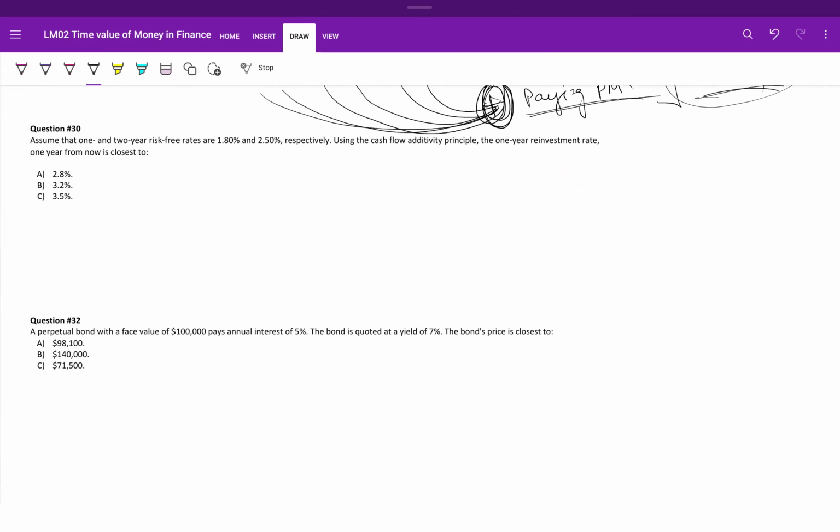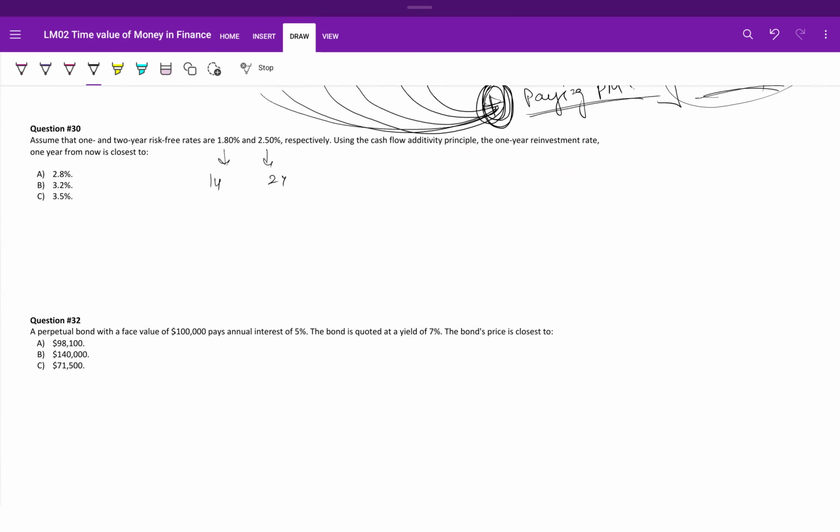Next question is, assume that 1 and 2 year risk-free rates are given, so this is 1 year and this is 2 year. Using the cash flow additivity principle, the 1 year investment rate 1 year from now is closest to what?